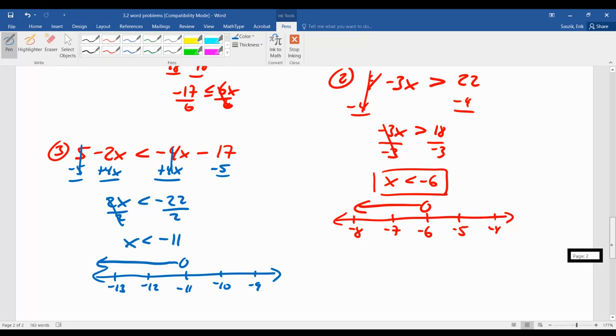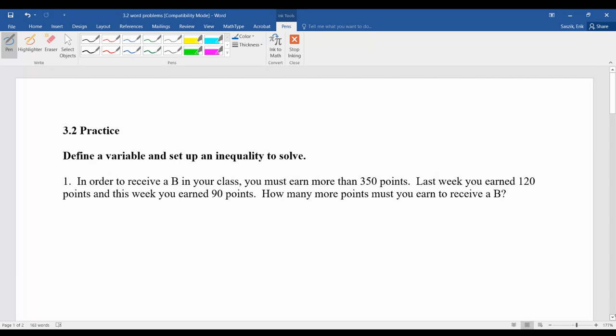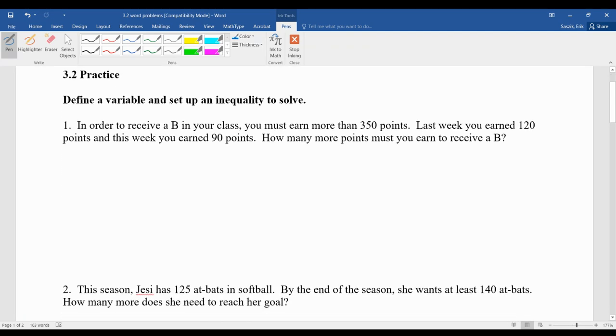Let's go up and look at these word problems, because we'll see some of this practice here as well. But now, like we did before, we have to define a variable. So if you read through this, in order to receive a B in your class, you must earn more than 350 points.